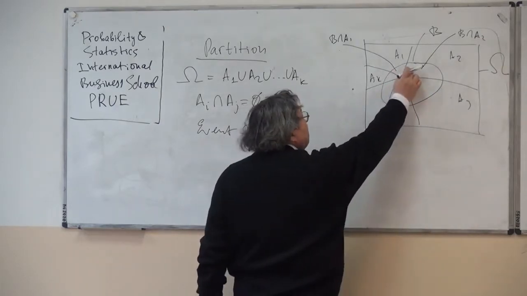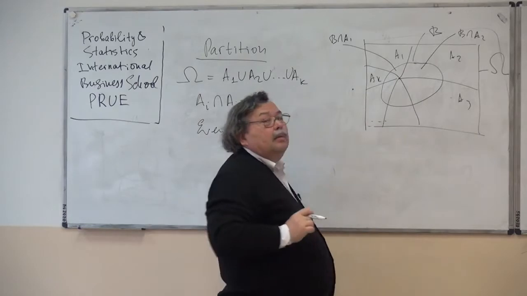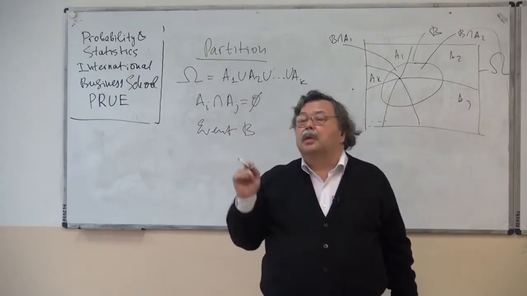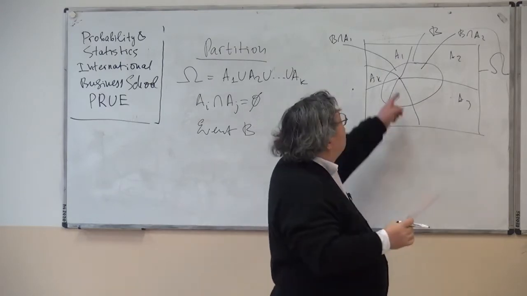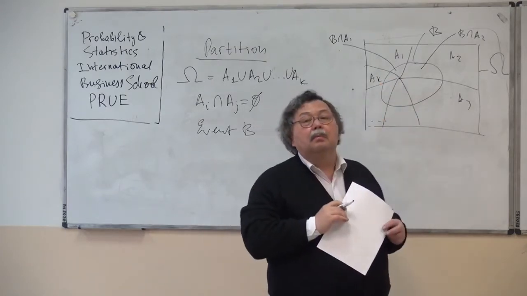So these sections are mutually exclusive because A1, A2, and so on are all mutually exclusive. And these sections put together form B.